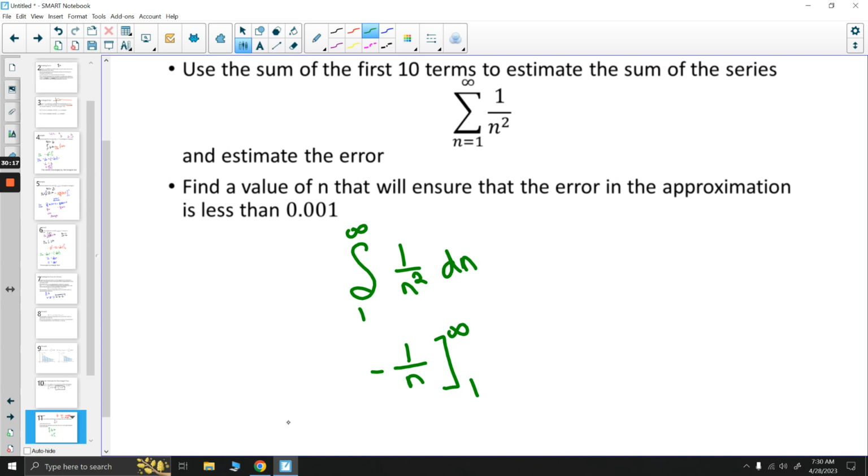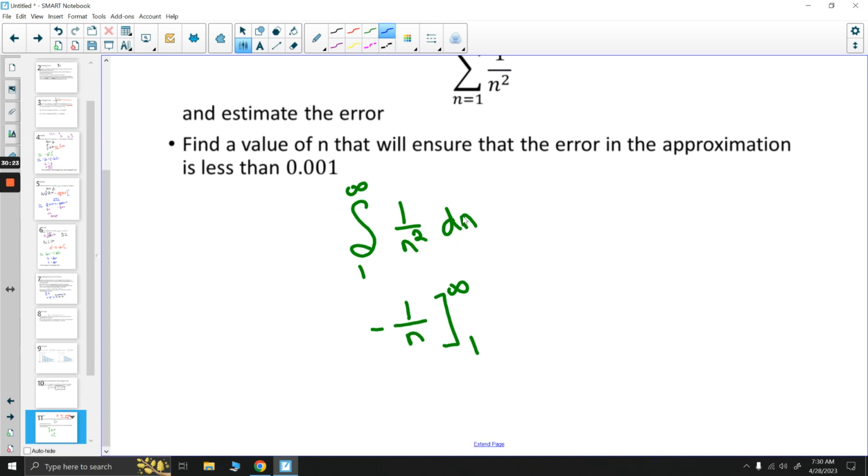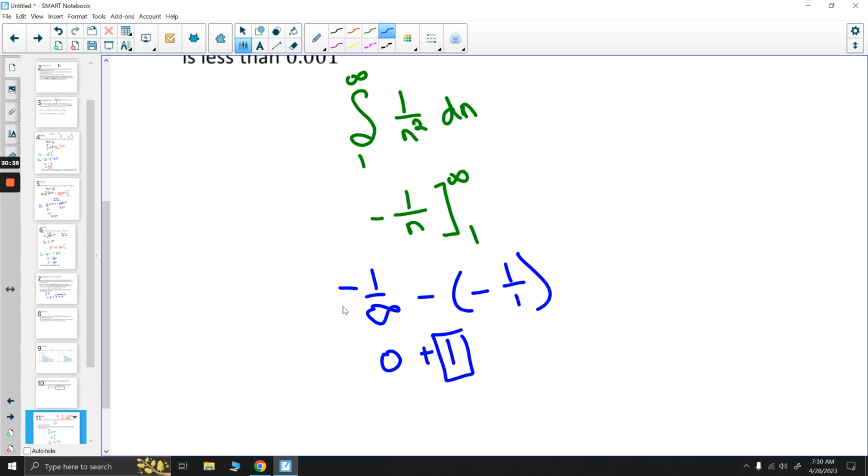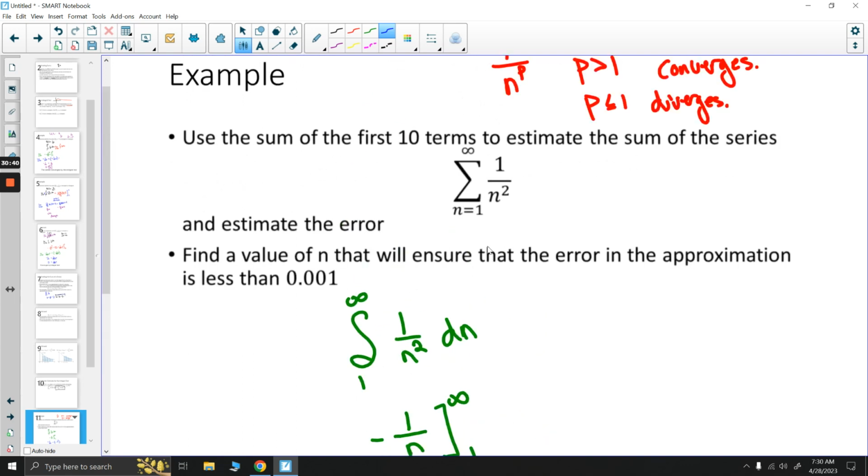I know that technically it's from 1 to t and we're taking the limit as t goes to infinity, but I think at a certain point we can recognize that basically we're plugging in infinity into that. So I'm just going to do that. Negative 1 over infinity minus negative 1 over 1. So that is to say 0 plus 1. So it converges. All right, so this converges.